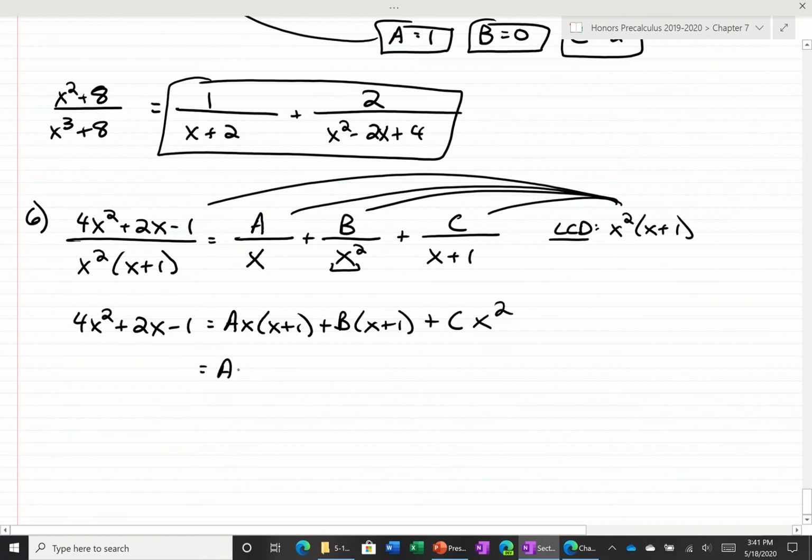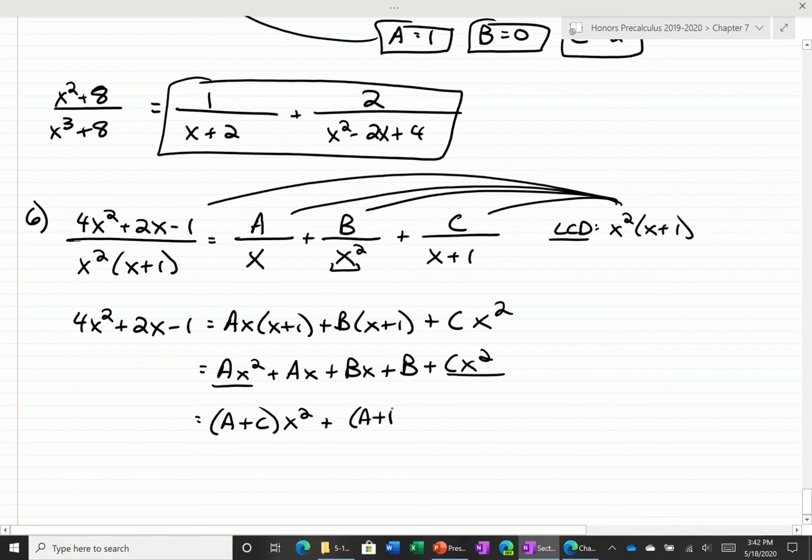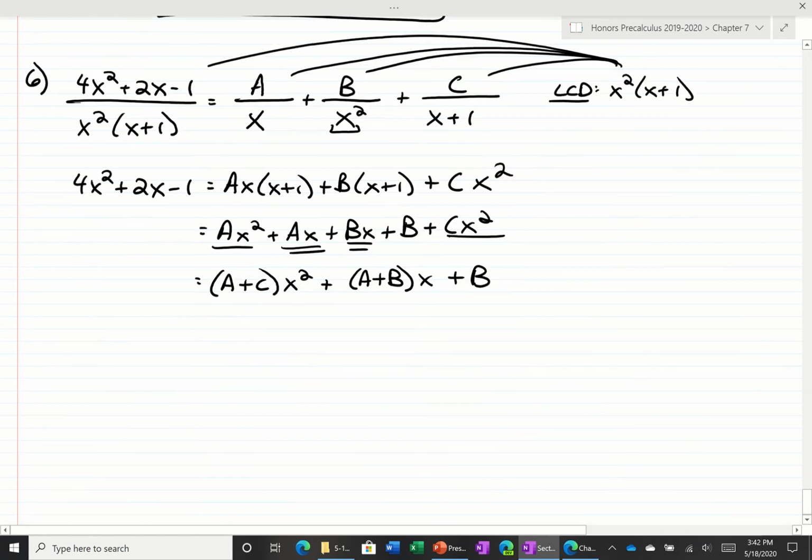So we'd get Ax squared plus Ax plus Bx plus B plus Cx squared. So the total number of squared terms, A plus C, the total number of x terms, A plus B, and now let's figure out what they are.